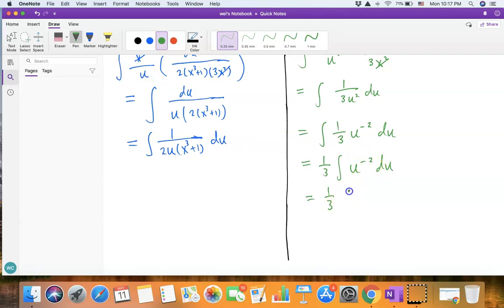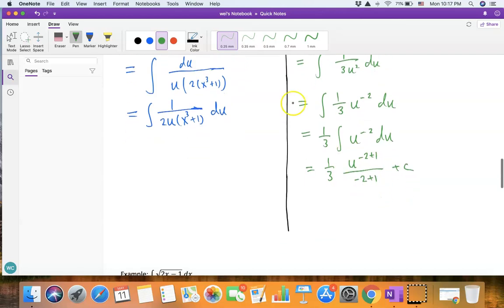So this is equal to u to the power of n plus 1, divided by n plus 1, plus a constant, because this indefinite integral gives us a family of antiderivatives. Now we simplify this. -2 plus 1 is -1.